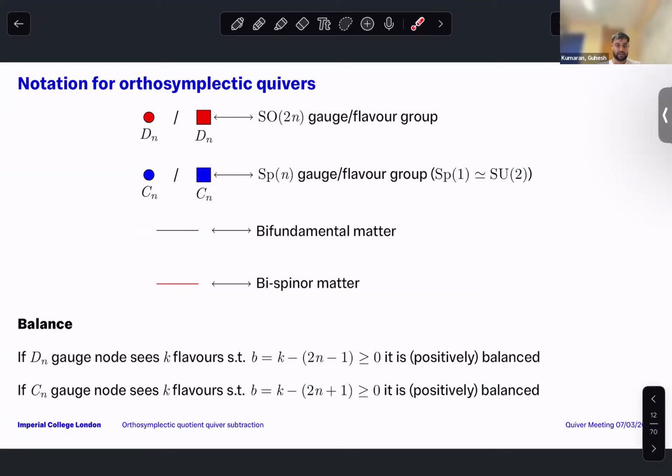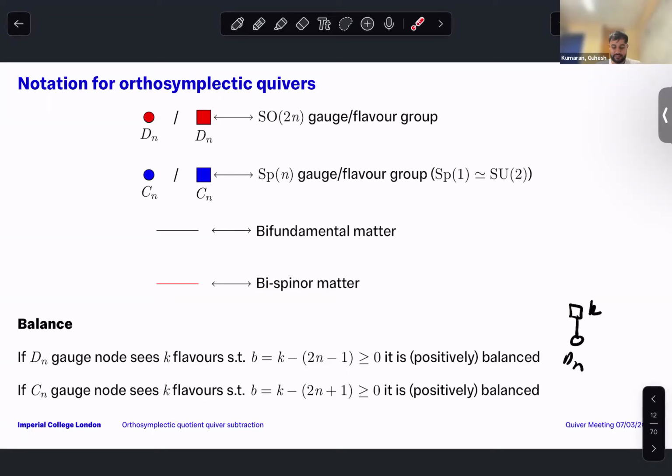Okay. Another thing that we need to consider is this notion of balance for gauge nodes. And this is really just a condition on the convergence of the monopole formula. So if I have a D_N gauge node, which is given by a red circle, and it sees K flavors, maybe I'll write this down. So if I have D_N and it sees K flavors like this, I define this quantity called balance, which is K minus 2N plus 1.